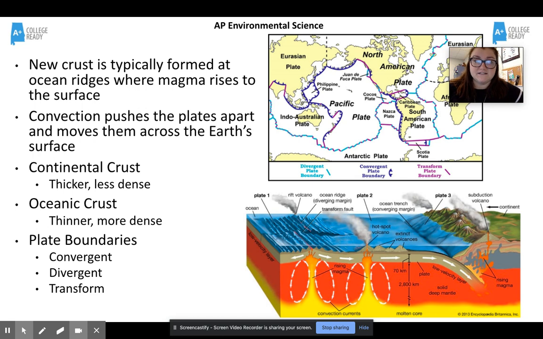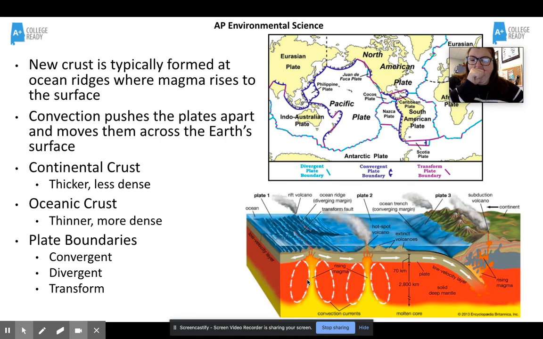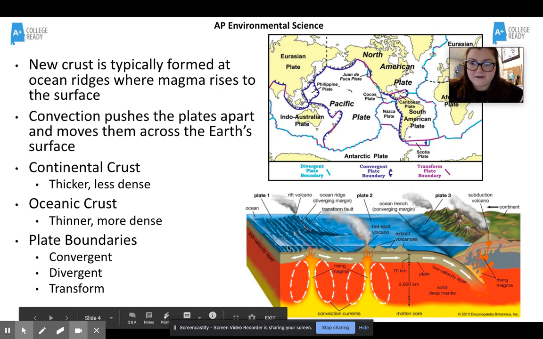Generally, new crust is formed at ocean ridges, so where that magma is rising to the surface. And you can see a good example of that right here, where you've got these crinkles and ridges in the crust, where this rising magma comes up, it cools down, it falls, it heats up, it rises.